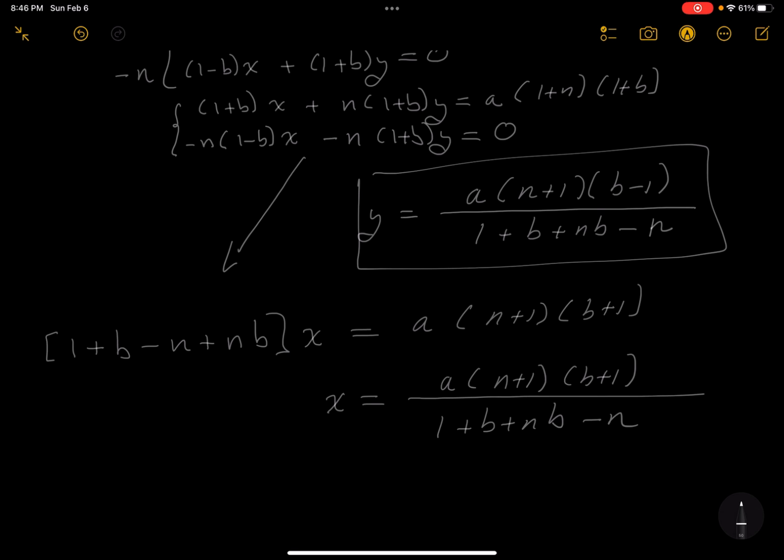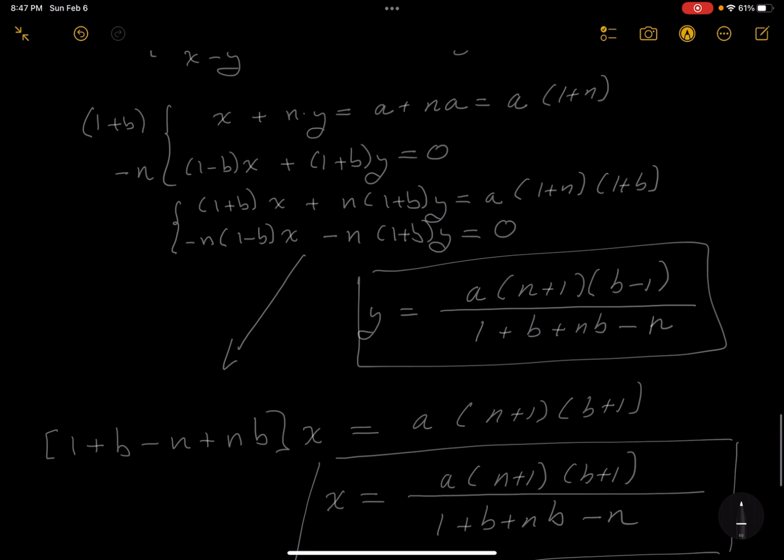And I'll correct those typos in the key as well. So let's take a look. You got a, b plus 1. I got that, n plus 1. On bottom, I got the nb plus b plus 1 and minus n, all looking good. All right? So the typo in one of the equations I'll correct. And you're not going to see it, and things are working out nicely over here.